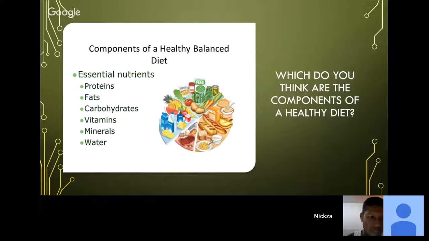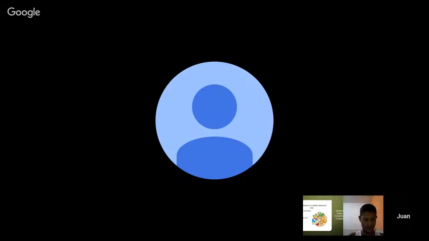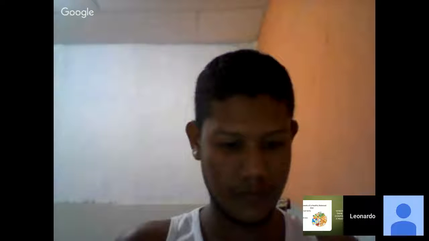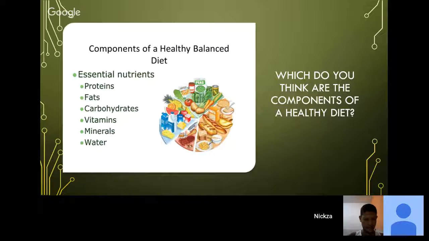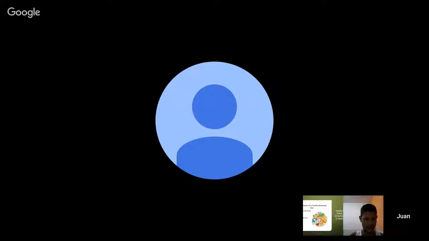But in general, do you think a healthy diet is just avoiding fats, or are there other foods you have to avoid? I think it's proteins, the best option, or vitamins.